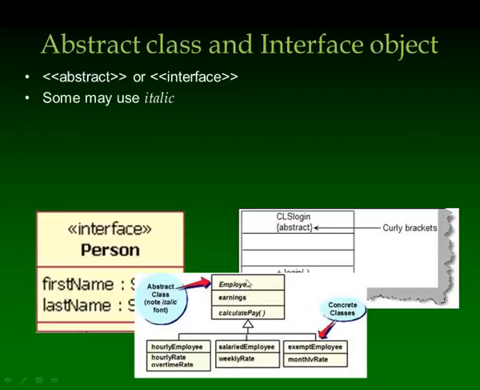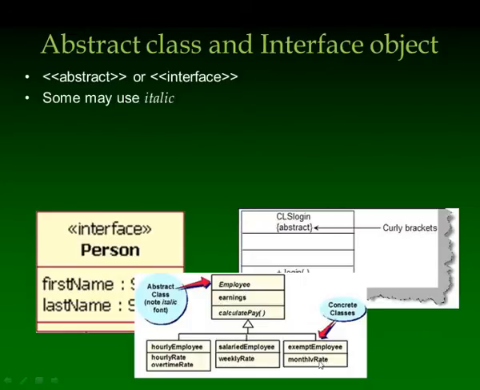So like in this case, here's this abstract class of employee, and he's using the italic version. Okay, some people use italic rather than using the brackets. And then these hourly employee, salaried employee, and exempt employee are all actual concrete classes of employee. There's no such thing as just a generic employee. It has to be one of these types of employees.